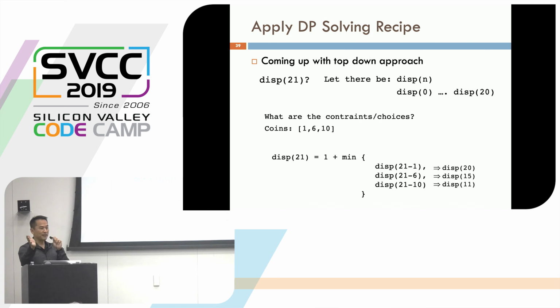So if I take 21 minus 1, that's the first coin, then it's essentially solving for DP of 20, which I assume I already have. I do that for all the coins. Which one of those is going to give me the fewest? I'm going to take the min out of those choices and add 1 to it. You see how that works? All right, so now you're getting the hang of this thing, right?